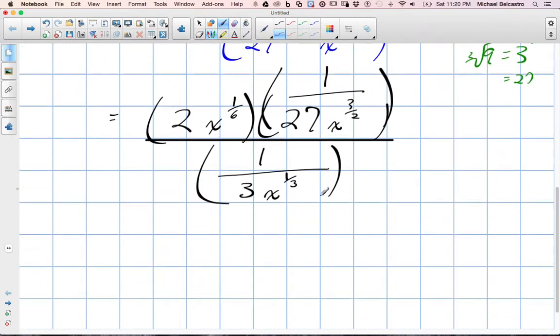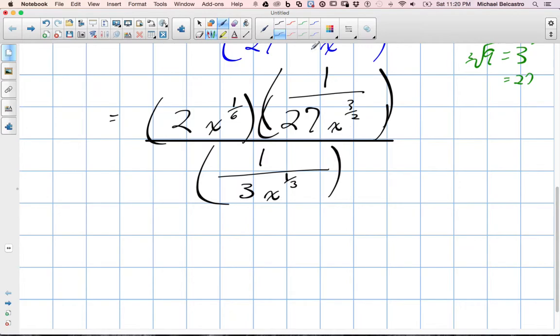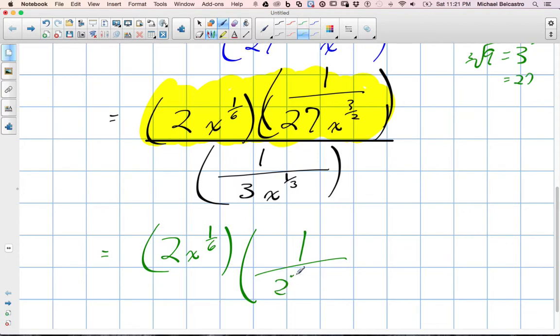Now we're going to start putting things together. I'm just going to focus on the top part of our fraction, and it's a whole number times another fractional number. So I'm just going to work with that to start. We'll work with that in the color, let's say green. So this is 2x to the 1/6 multiplied by 1 over 27x to the power of 3 over 2.